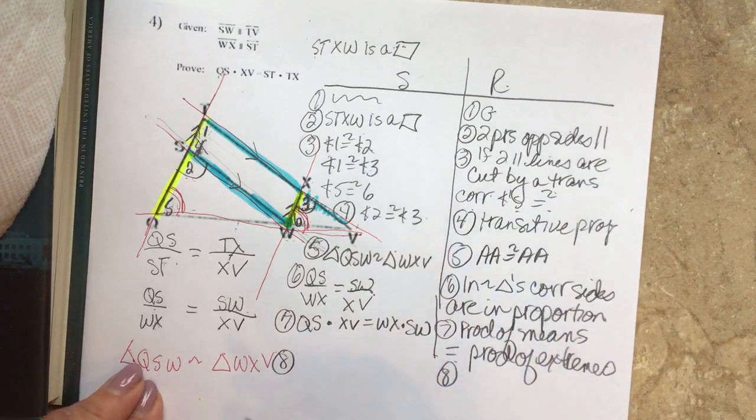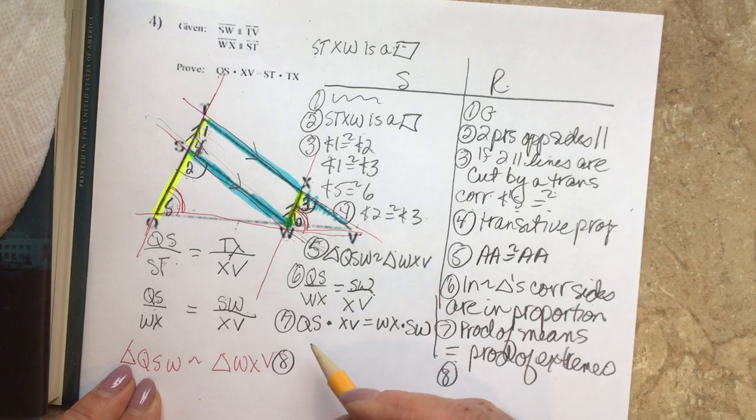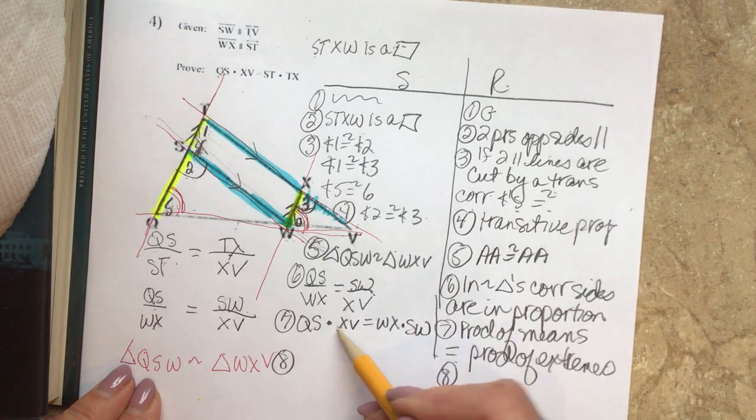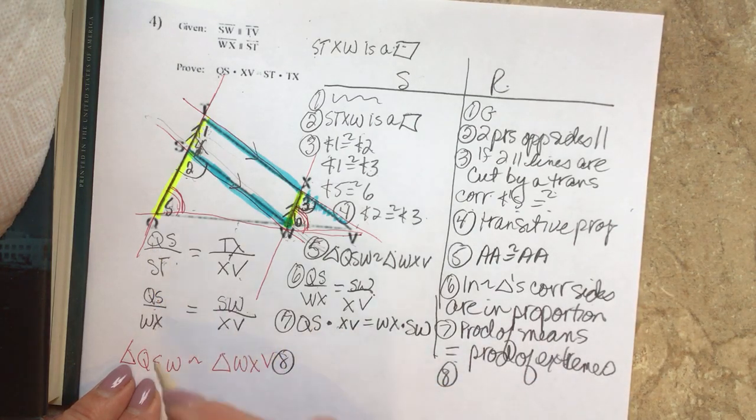Okay, so what did we sub in here? Well, we have the QS and the XV, so those are good.